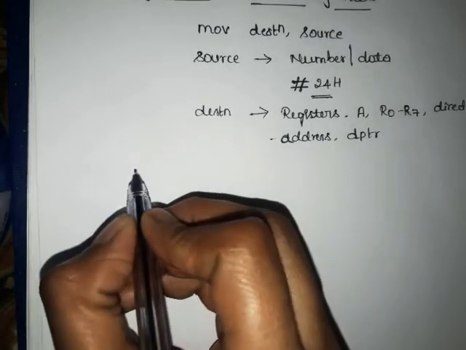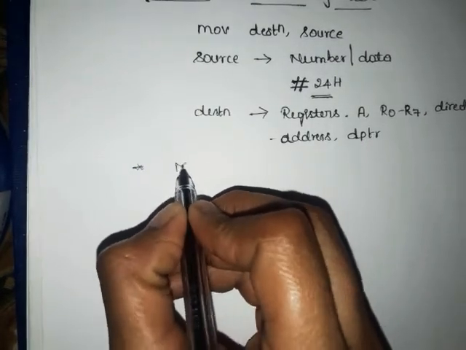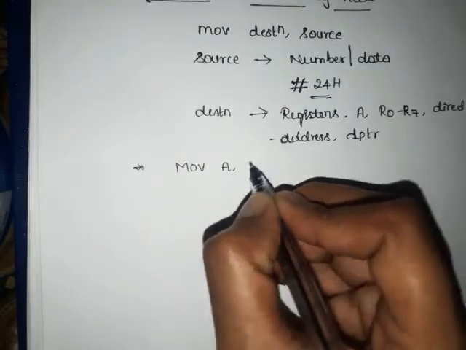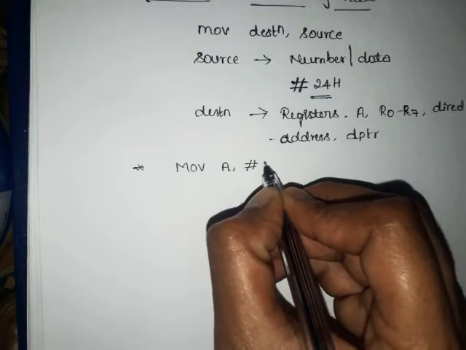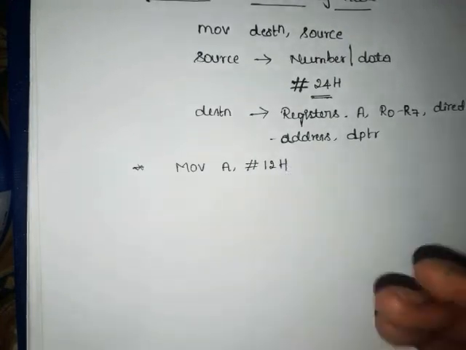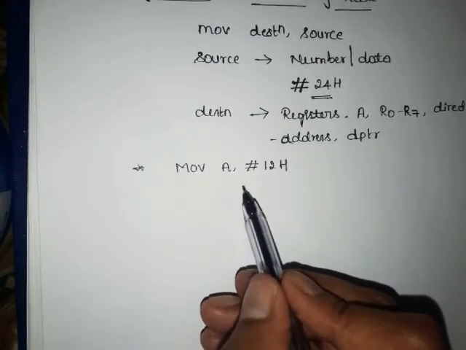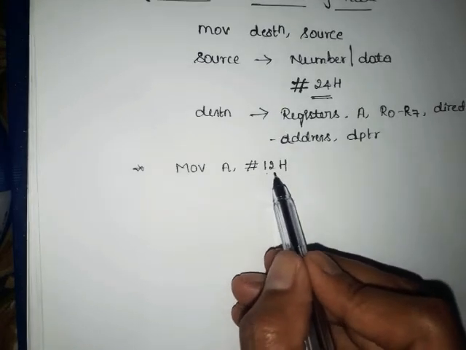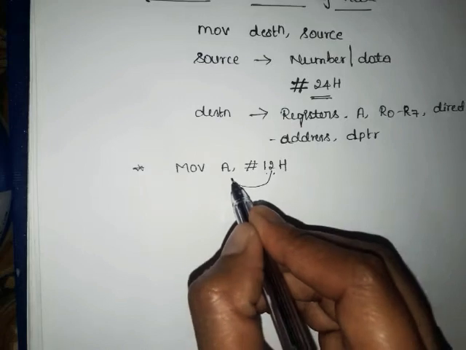So first example is move A comma hash 12h. That means we are moving the data, that is 12h, directly into the accumulator.